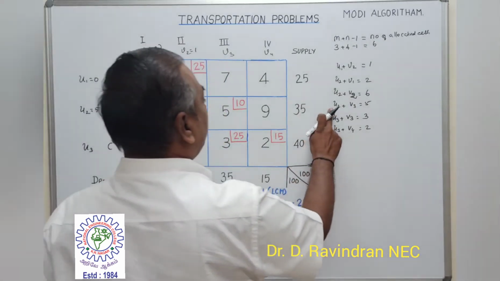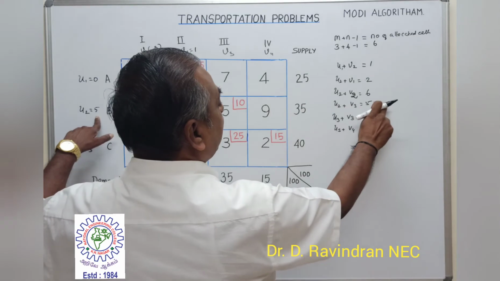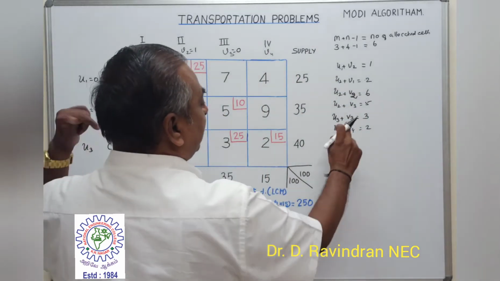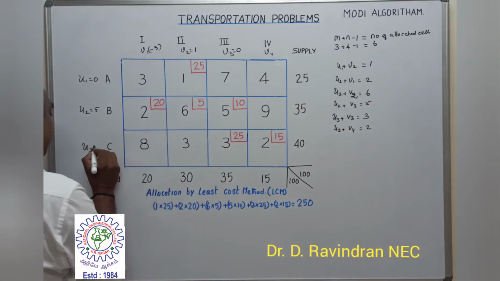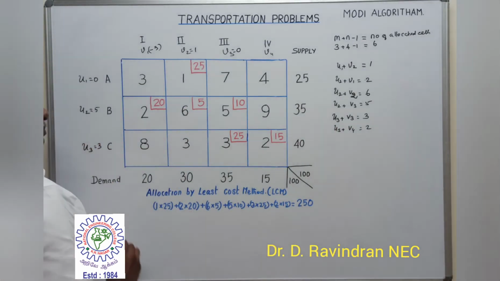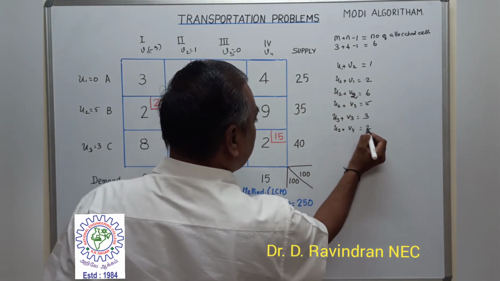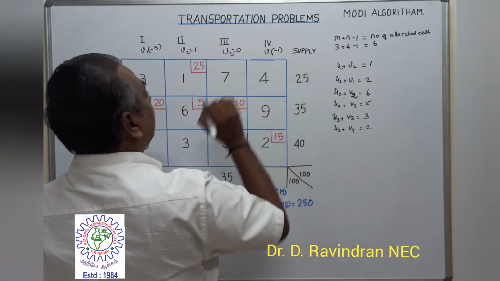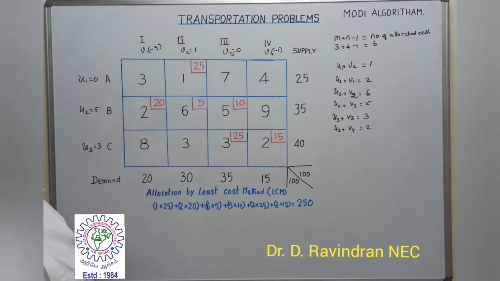Now here also we can substitute u2 as 5: v3 equals 5 minus 5 equals 0. Then v3 is 0, so u3 is equal to 3. Then u3 equal to 3 means v4 equals 2 minus 3, which is minus 1. Now we have evaluated all the values of u as well as v.